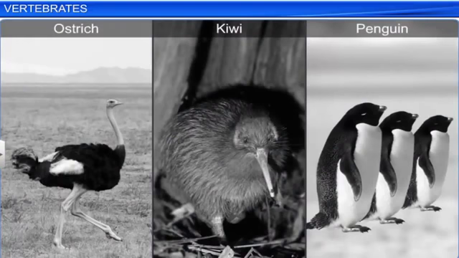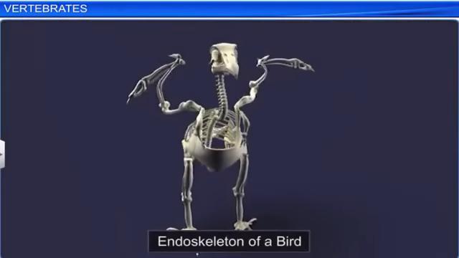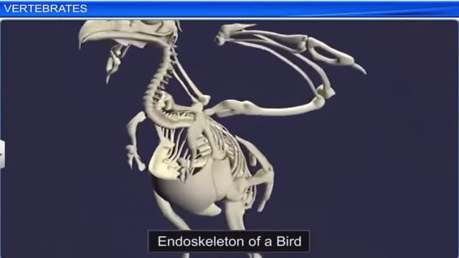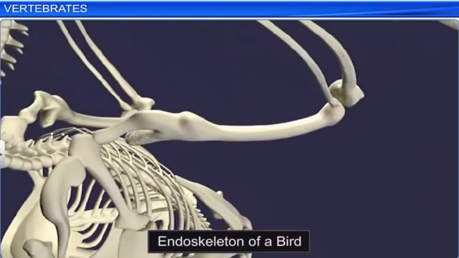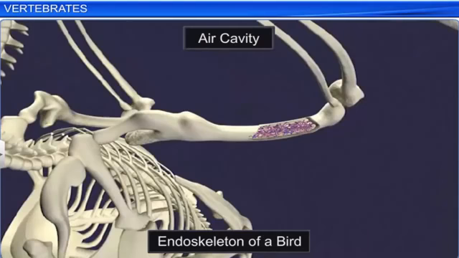Although most birds can fly, some like the ostrich, kiwi, and penguin have structures that make them incapable of flying. These birds have a fully ossified or bony endoskeleton. However, their long bones are hollow due to air cavities. This makes their bodies light and adapted to flying.